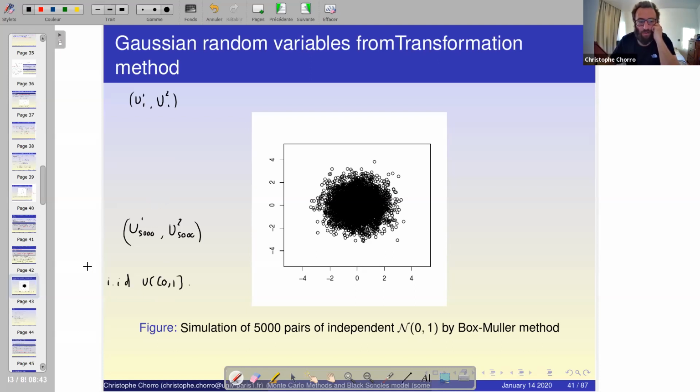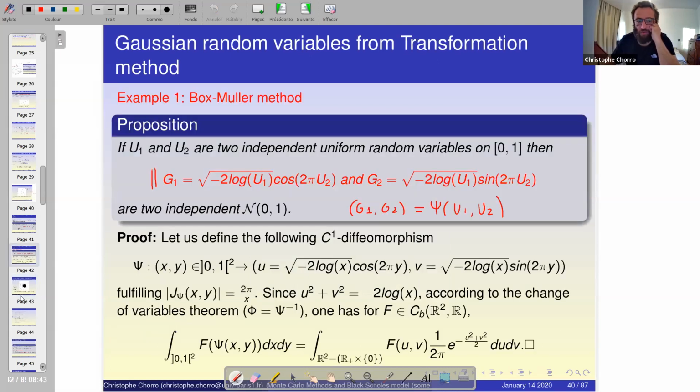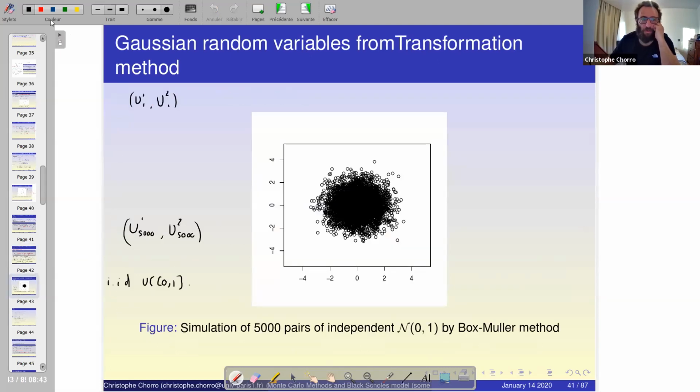Using the previous formula, I transform all these random variables into the following ones, G11, G12, until G1 5000, G2 5000. And from my previous result, these are IID N(0,1).